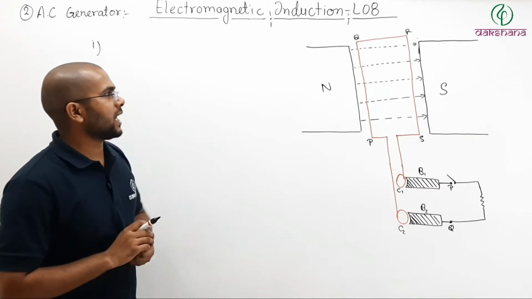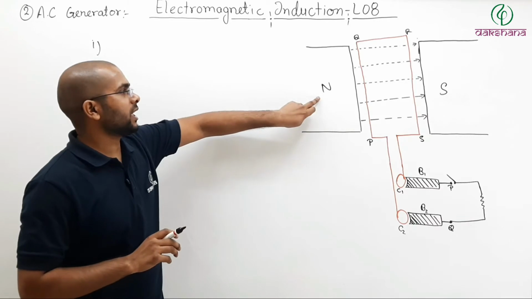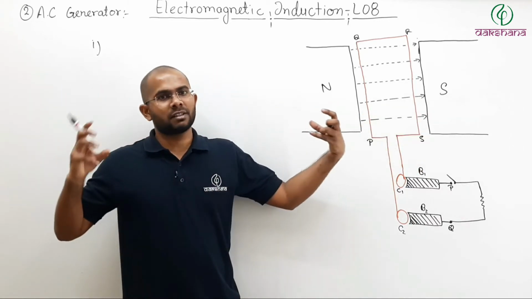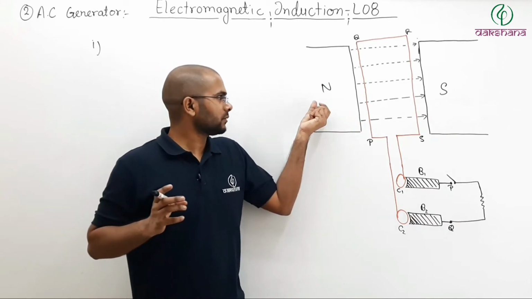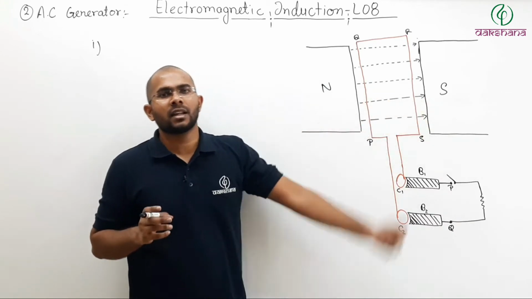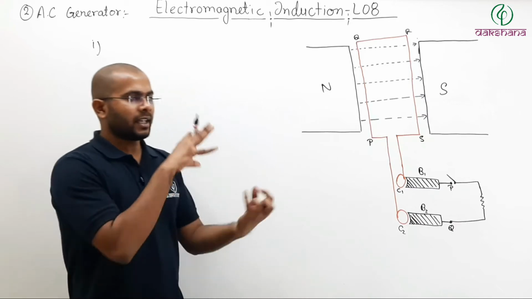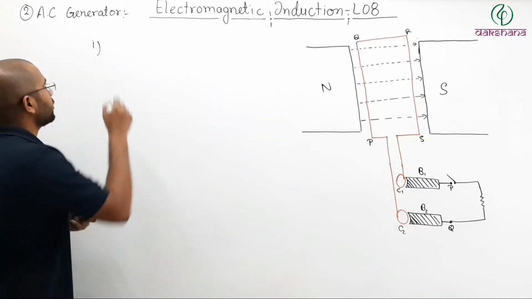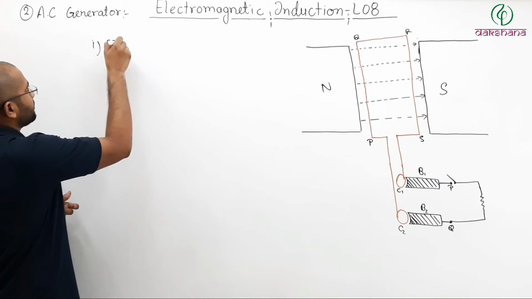So the first part is the magnet. Here there is a north pole, there is a south pole. Now they are not separate; we have shown them like this, but in actuality there is an arrangement. So what is the purpose of the north pole and south pole or the magnet?